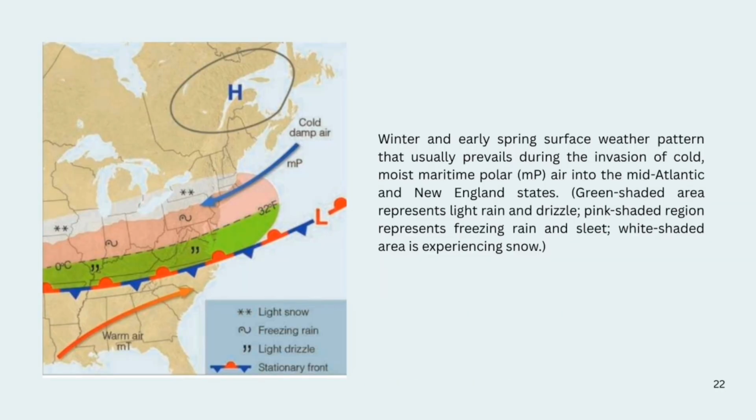This figure illustrates a typical late winter or early spring surface weather pattern that carries maritime polar air from the Atlantic into New England and the Middle Atlantic states. A slow-moving cold anticyclone drifting to the east or north of New England causes the northeasterly onshore flow of cold, moist air to the south.